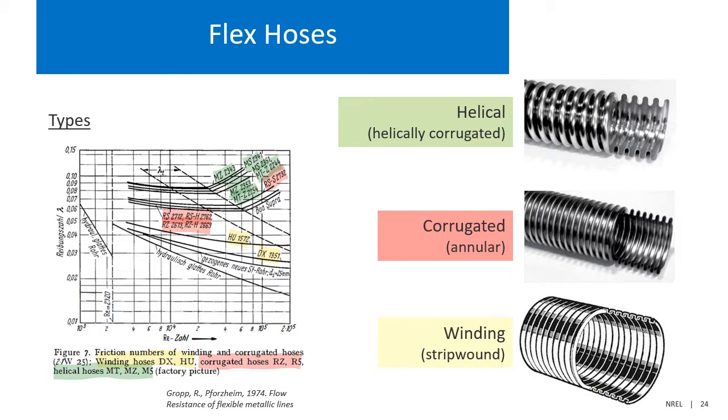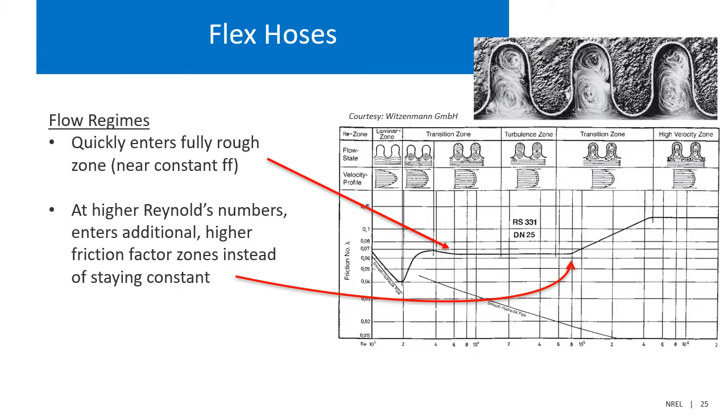The flex hose type is most closely related to the roughness in a regular pipe. Traditionally, there are three main kinds, and they have different friction factor versus Reynolds number relationships, as illustrated on the left. The reason flex hoses cannot be modeled as regular pipes is that the corrugations generate vortices that affect the flow in the center area.